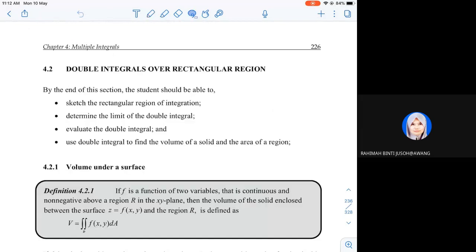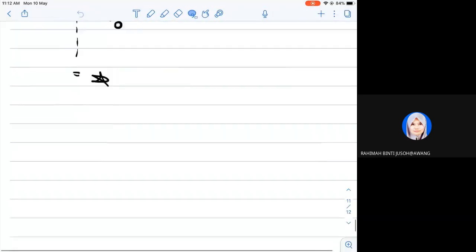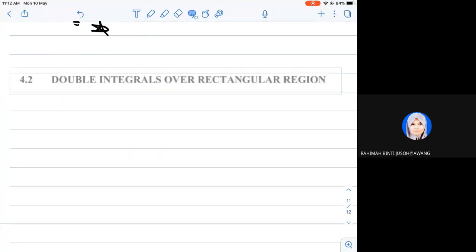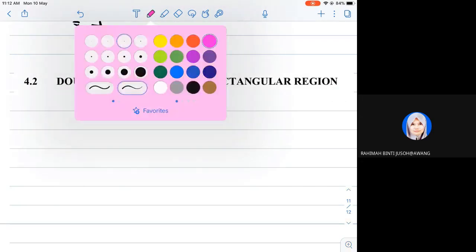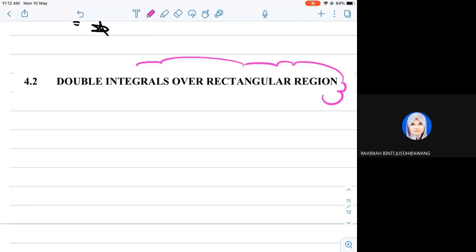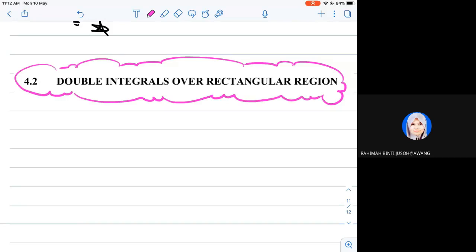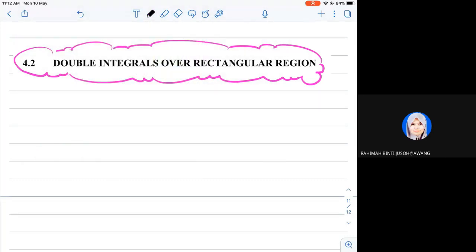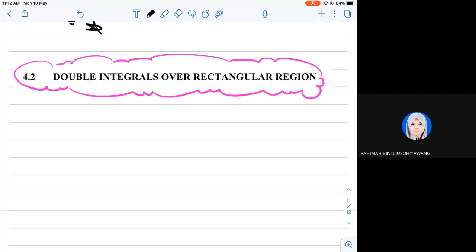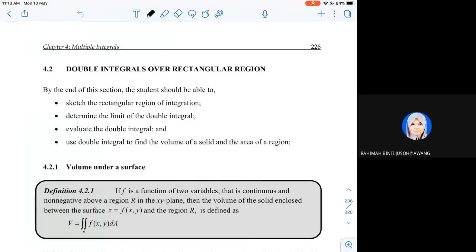Saya nak masuk topik 4.2 sekarang ni. Okay. Double integrals over rectangular region. Okay. So now double integrals over rectangular region.